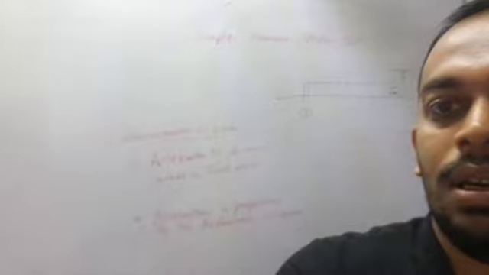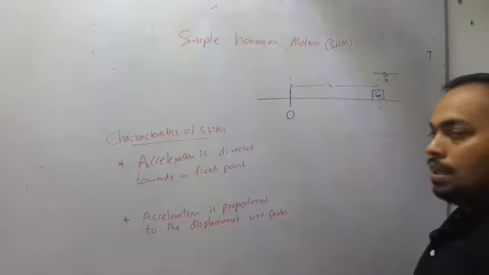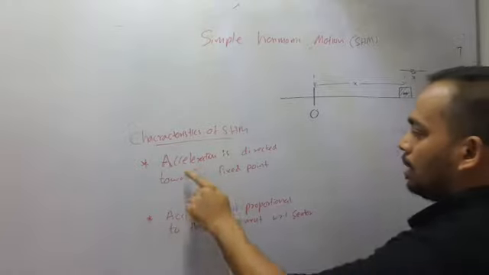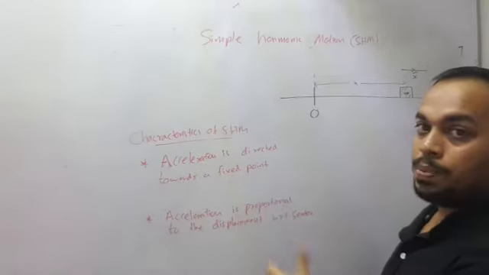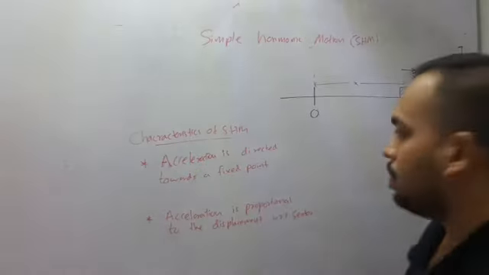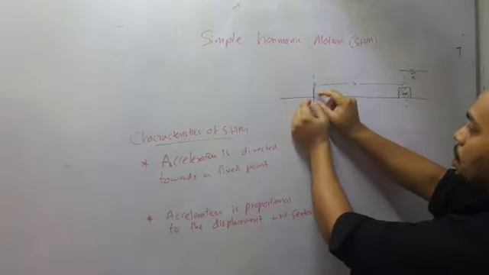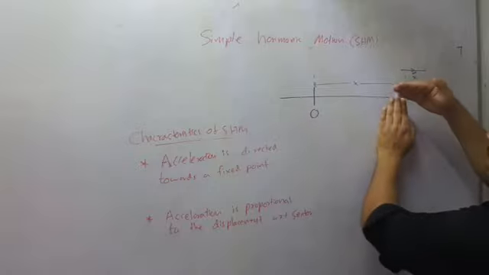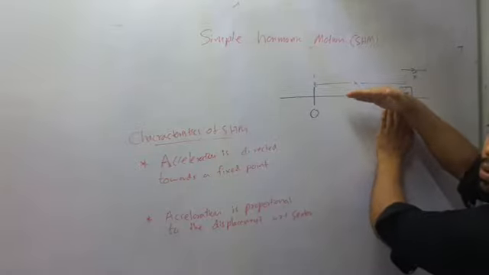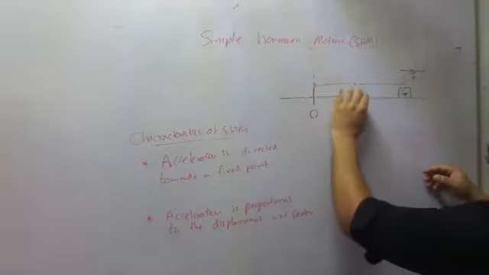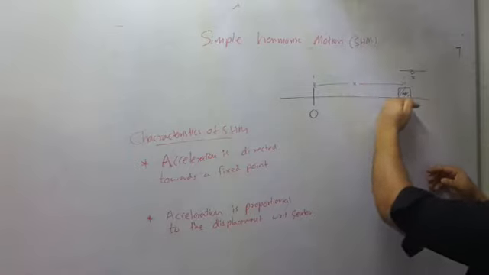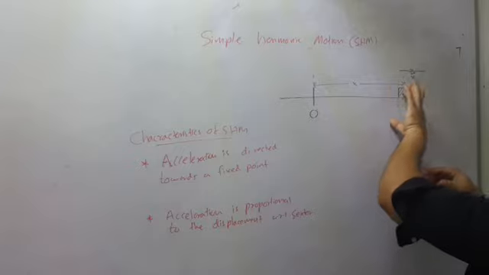For a particle to be in simple harmonic motion, the acceleration should always be directed towards a fixed point. So in this case, when it is moving away from O, the acceleration is towards O, so it is moving with deceleration in this direction. That's why it comes to rest, then turns around and comes back.